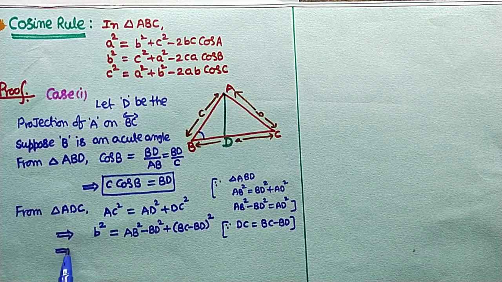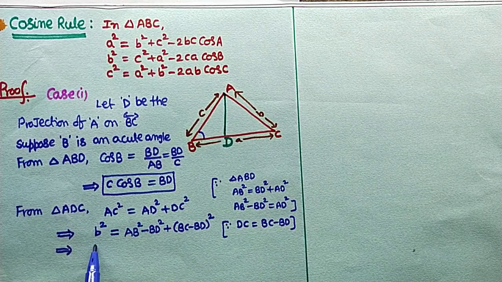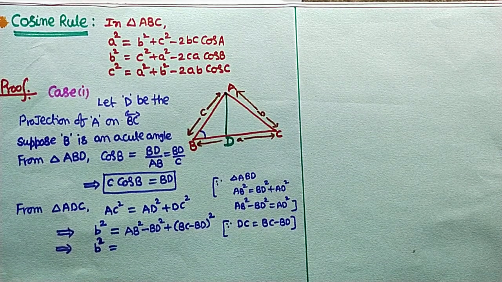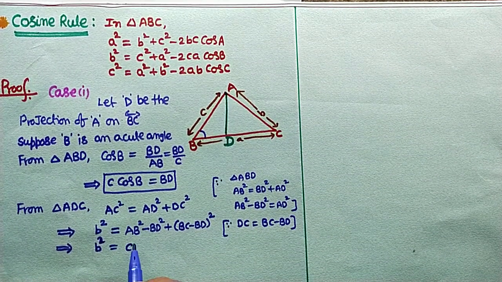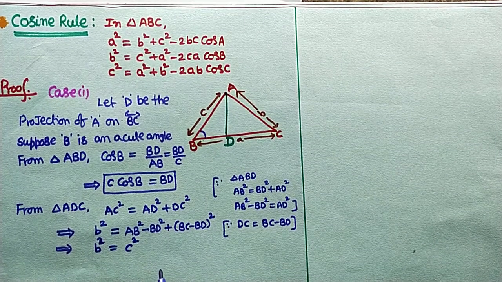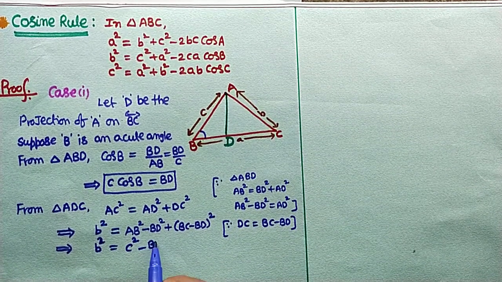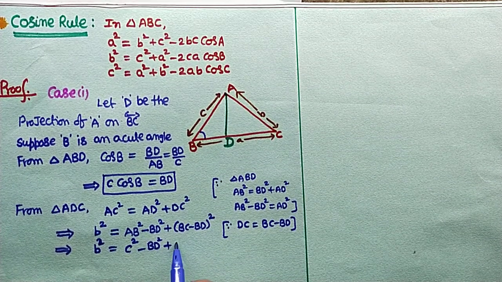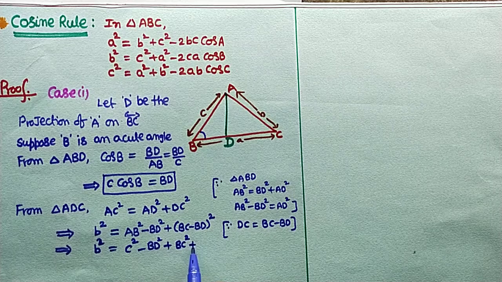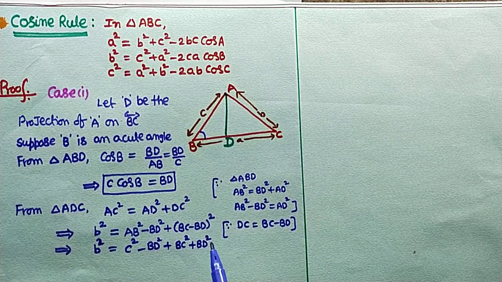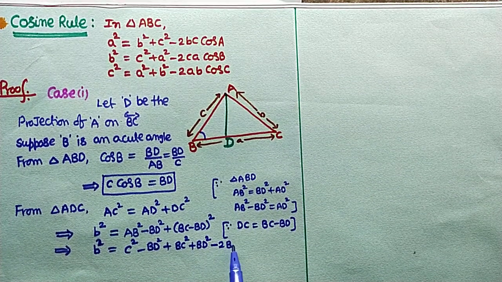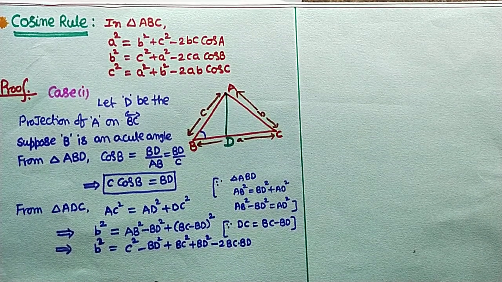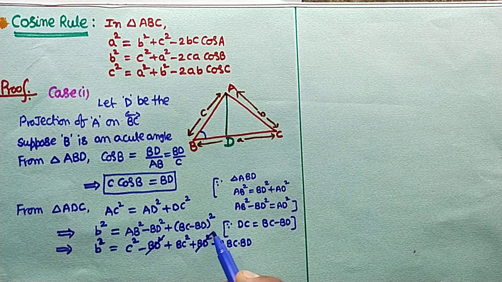So b square is equal to AB square, that is small c square, minus BD square, plus the expansion BC square plus BD square minus 2BC into BD. Here minus BD square and plus BD square get cancelled.